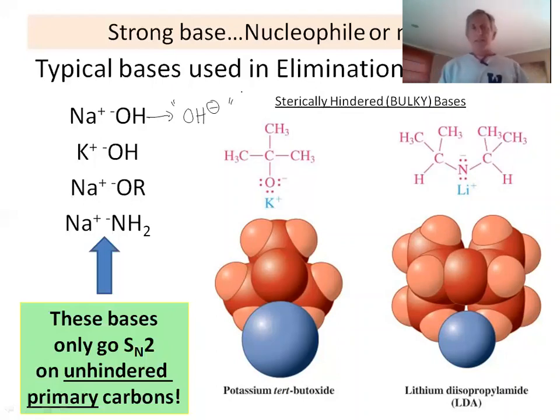So don't let these spectator ions confuse you. We just can't grab a bottle of OH minus and throw it into a pot and have a reaction go. So what we do is we look on our shelves. Oh, there's a bottle of KOH. I'm going to go grab that bottle of KOH and use that as my source of OH minus. Okay?